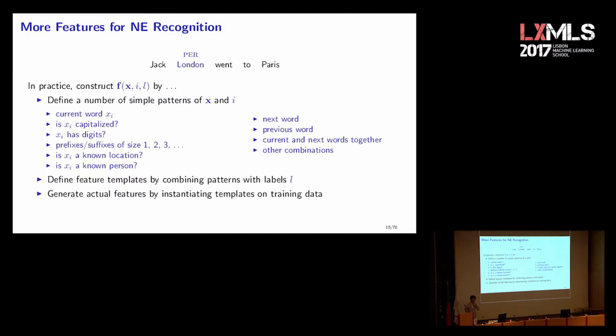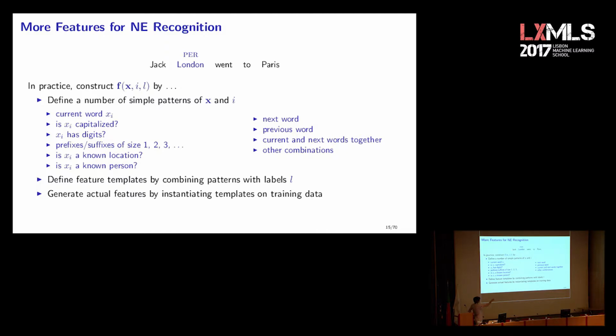Namely, it can be several words. Like, for example, in Jack London, we know for sure that Jack stands for a name. You can guess that the second word is part of the name. Yeah, that's the point. So there are interactions in the sequence. At the previous step, we're going to also classify that this is a person.